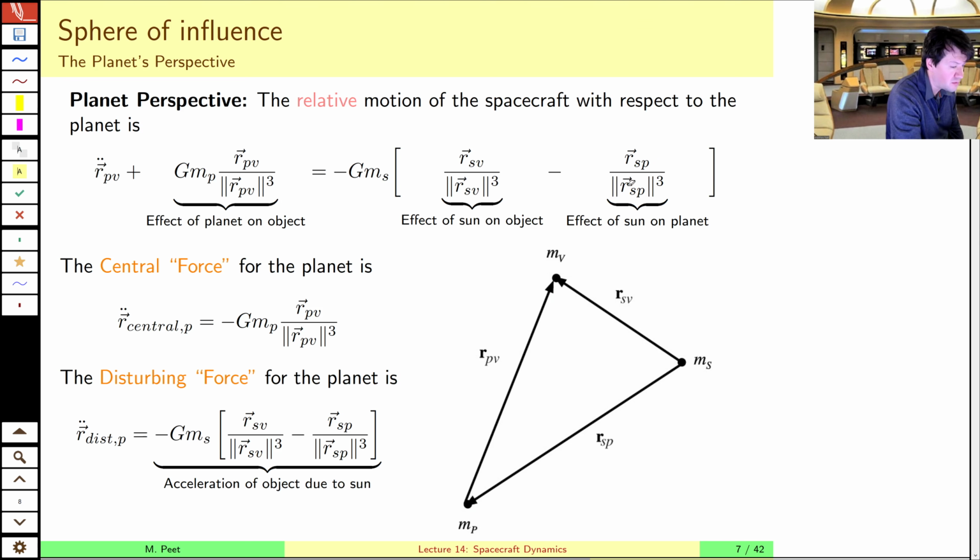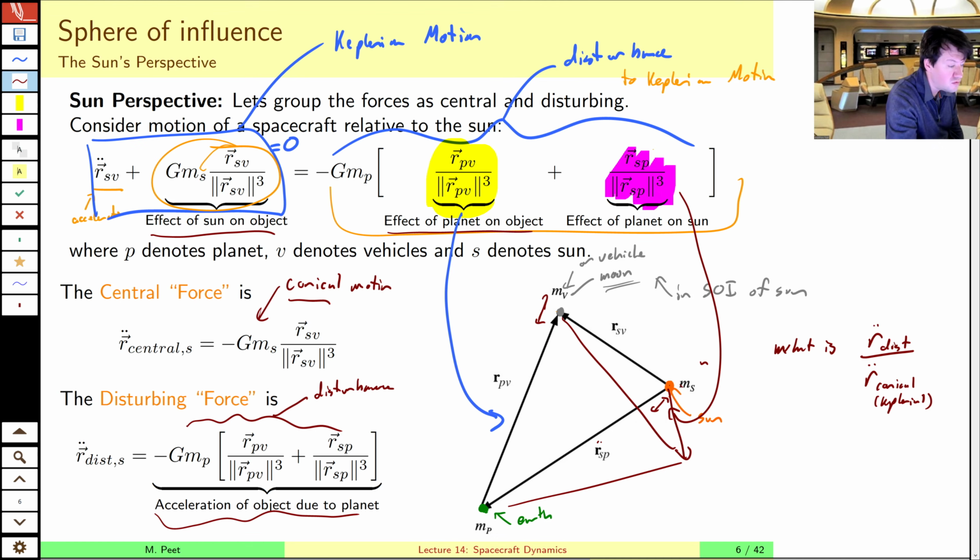So we can just ignore that term there. And so if we just divide this by this, what do we get? The G's drop out.